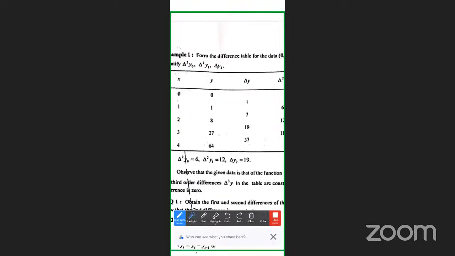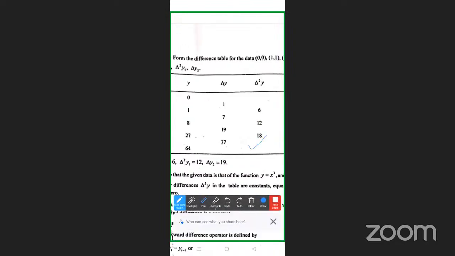So delta square y0 is 6, delta square y1 is 12, and delta y2 is 19. These are the three values: 19, 6, 12. So this is delta y2, delta square y0, delta square y1. So this is the forward table, the construction of the forward difference table.